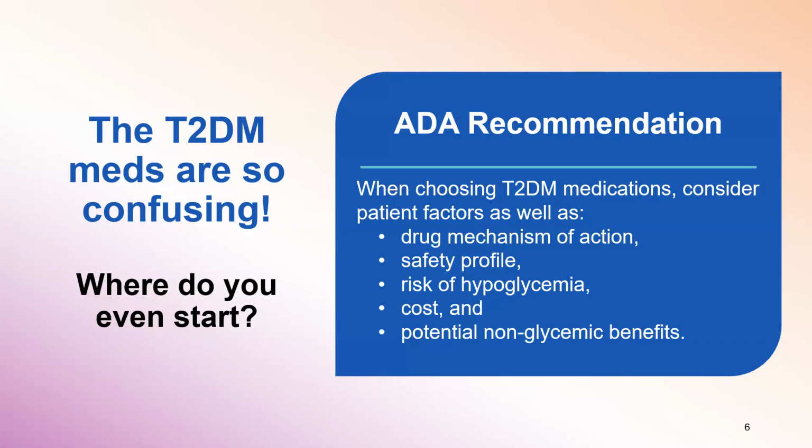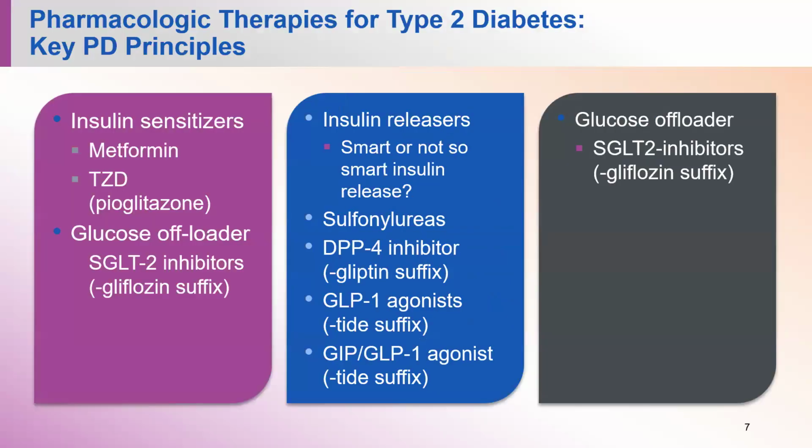So one of the things is just to start off with the recommendation that the ADA says, and this is really common sense. When you're choosing type 2 diabetes meds, consider patient factors as well as drug mechanism of action, safety profile, risk of hypoglycemia, cost, and potential non-hypoglycemic benefits.